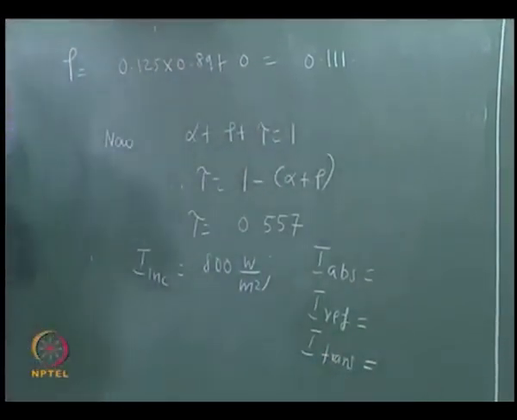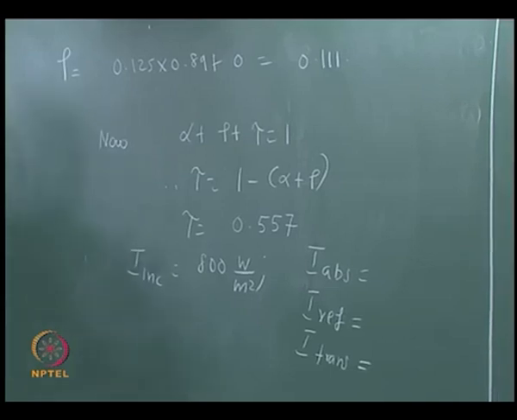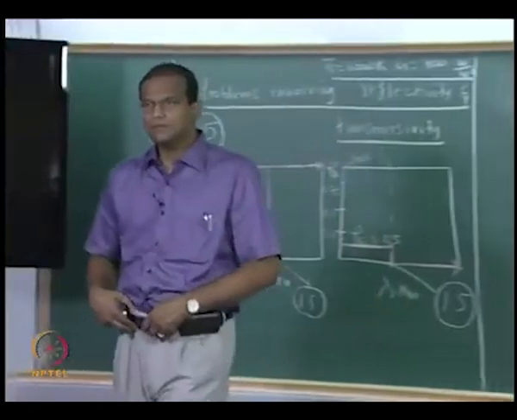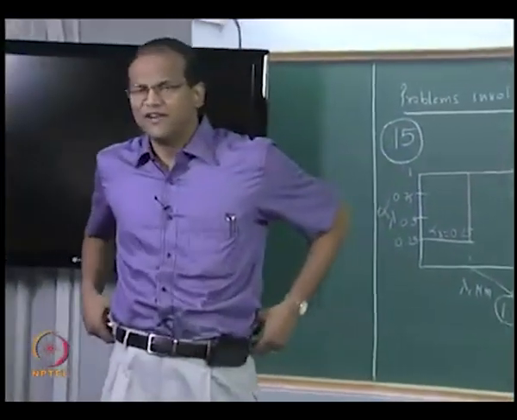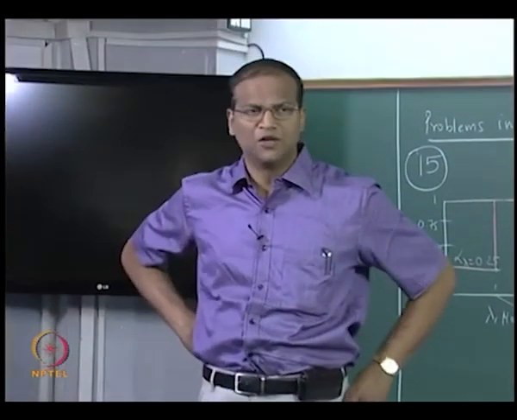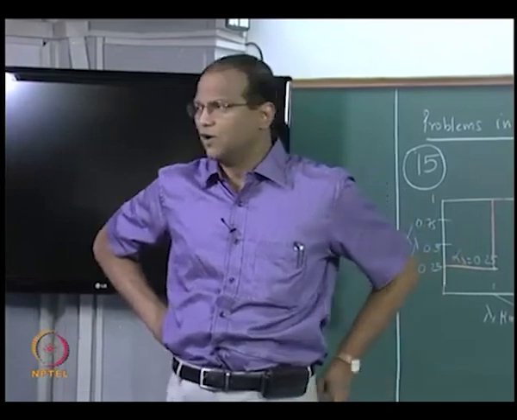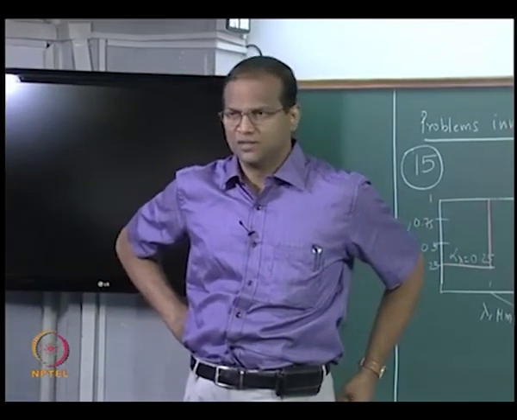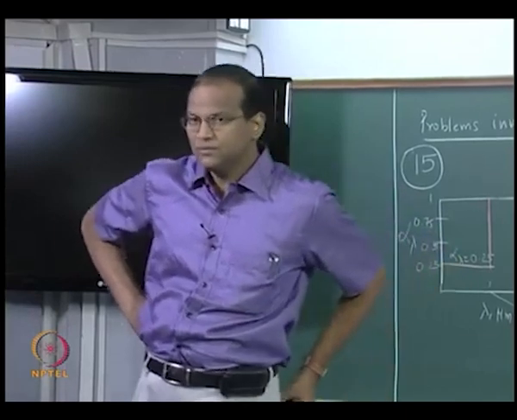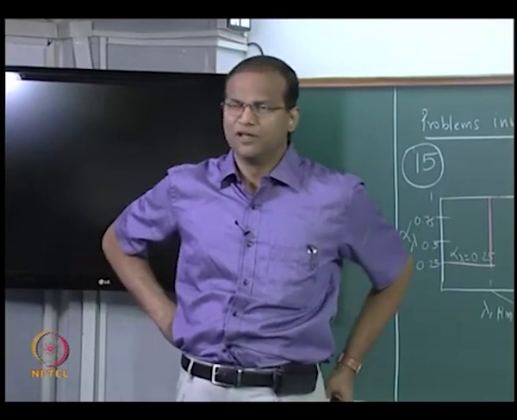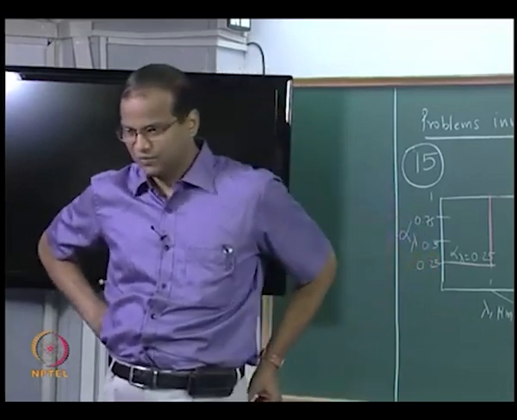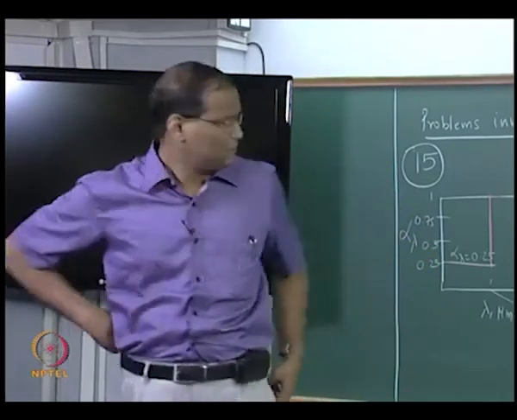Can you fill up this? In fact, I called it as G. I asked you only the fraction, but it is good to put everything in terms of watts per meter square, nothing wrong in doing that, because already by determining alpha, rho and tau we got the fractions. If you want to reword the problem. Vikram, you finish? Yeah.